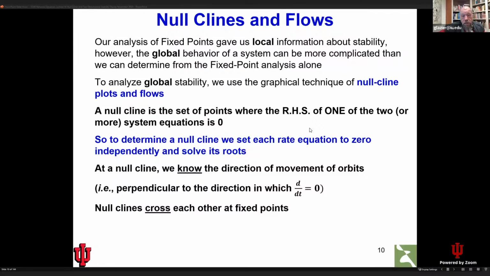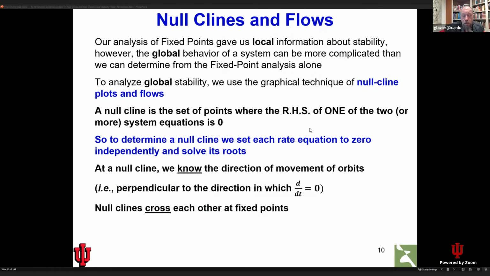Do we go to infinity? Do we go to another fixed point? Do we oscillate? What happens? Null-cline analysis and flow diagrams are techniques for trying to do global analysis of systems rather than just local analysis of systems.